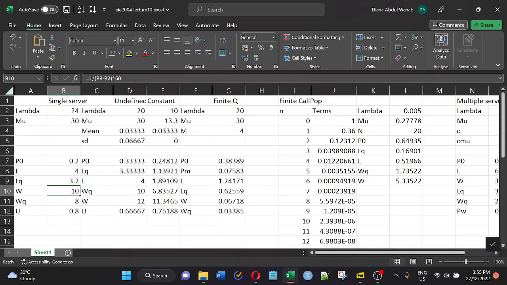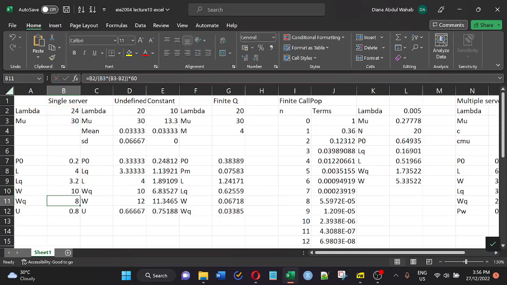And then W is how many hours or minutes the customer spends in the system. The formula is 1 divided by mu minus lambda, which is 1 divided by 30 minus 24, and I multiply by 60 because I want to know in terms of minutes.